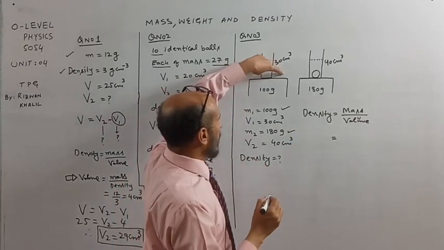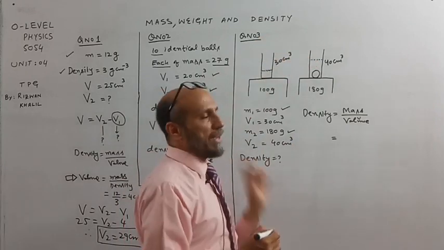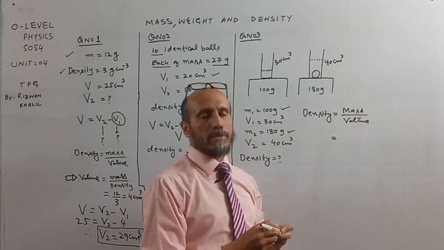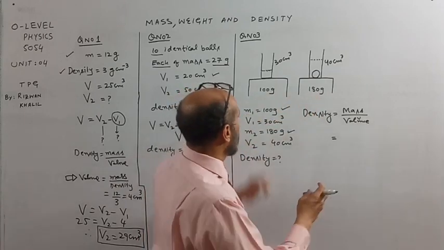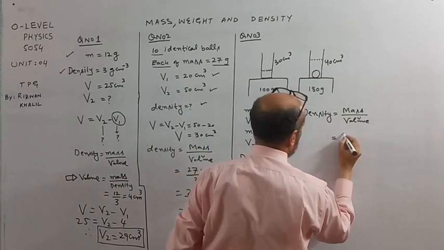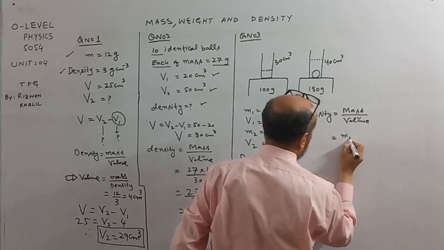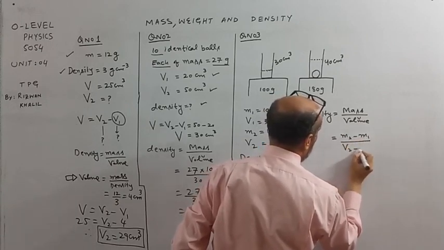This was the mass of the measuring cylinder and water, and this was the mass of the measuring cylinder, water and the ball. So how can we calculate the mass of the ball? Definitely we will subtract these two values. So I will write here m2 minus m1 over v2 minus v1.